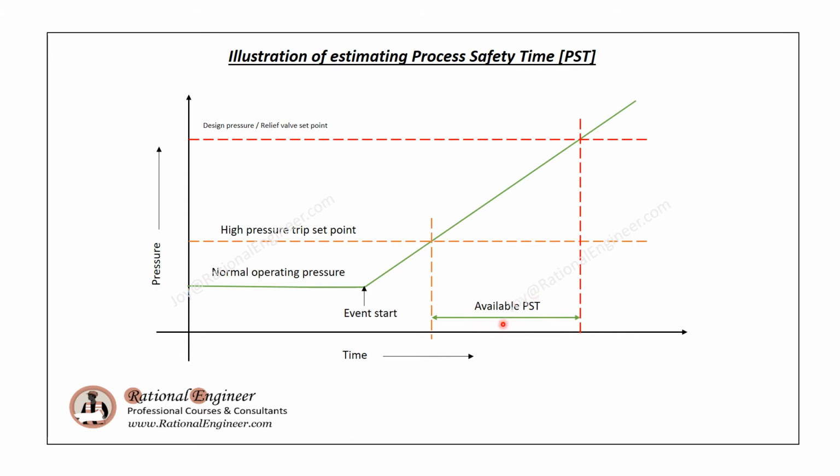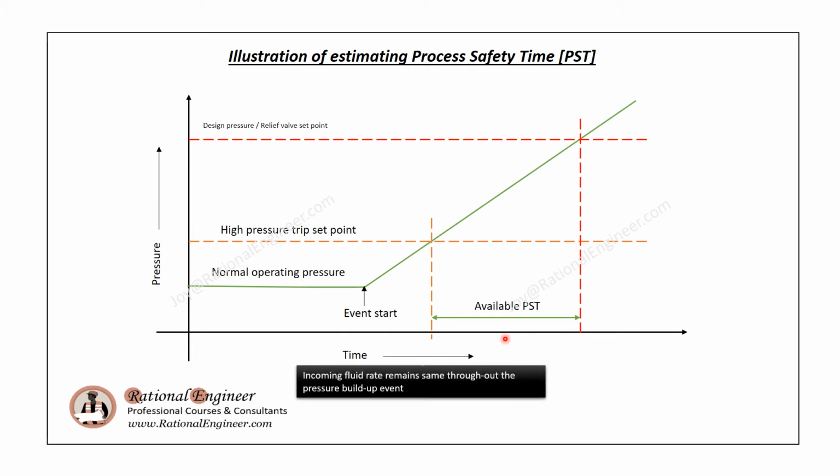The inlet shutdown valve should close fast enough such that its closing time is less than the available process safety time, so that the pressure buildup did not reach the design pressure of the vessel, and making the barrier effective. In order to calculate the process safety time manually, we'll make some assumptions. 1.